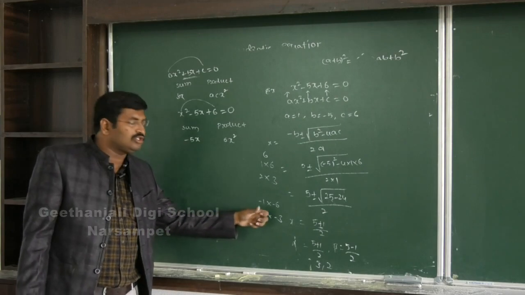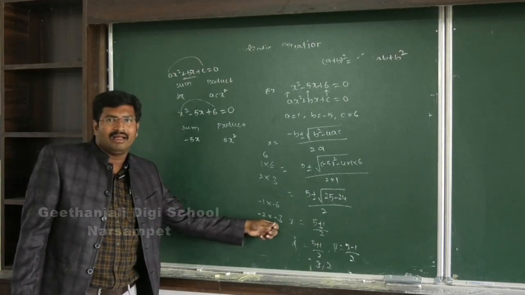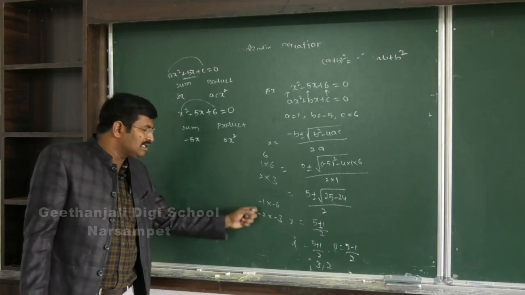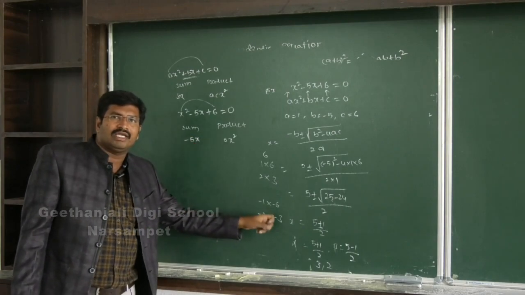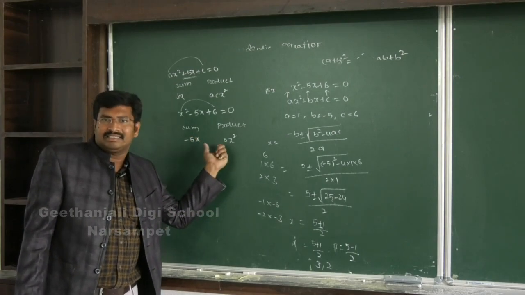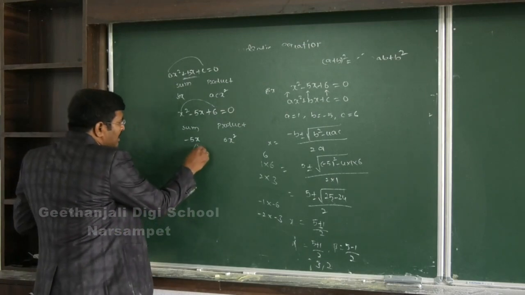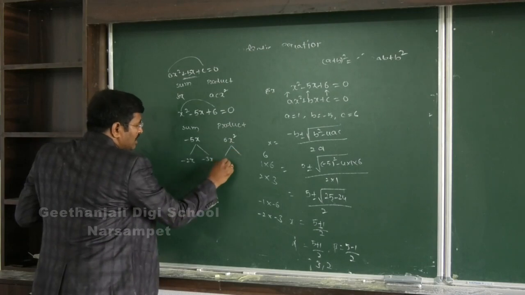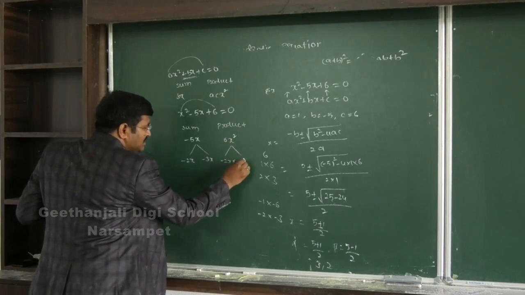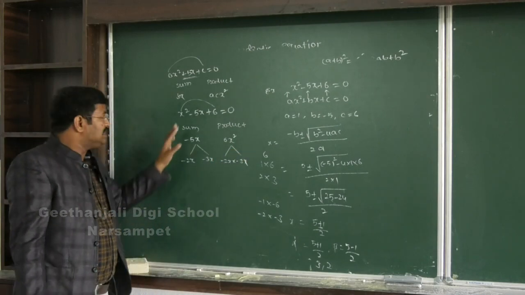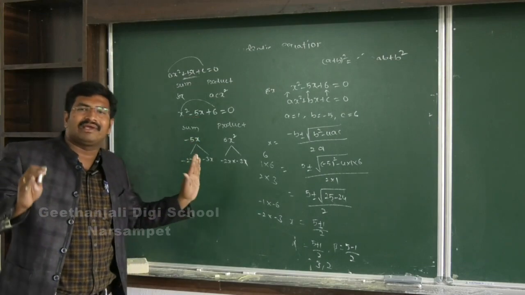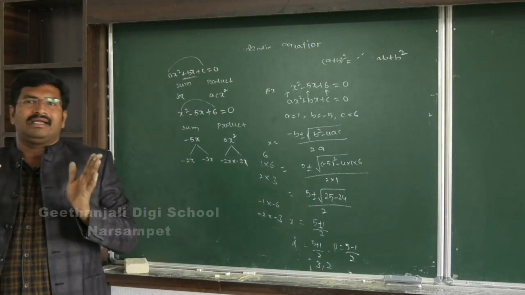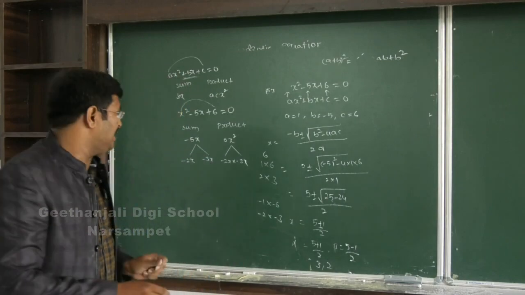If you add minus 2 and minus 3, you get minus 5x, and minus 2 into minus 3 gives plus 6. So you can write minus 5x as minus 2x minus 3x.